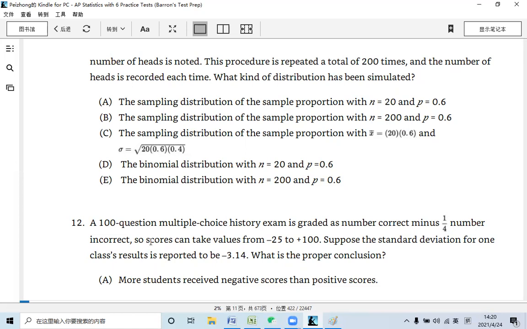The score can take values from -25 to +100. Suppose the standard deviation for one class result is reported to be negative 3.14. What is the proper conclusion?